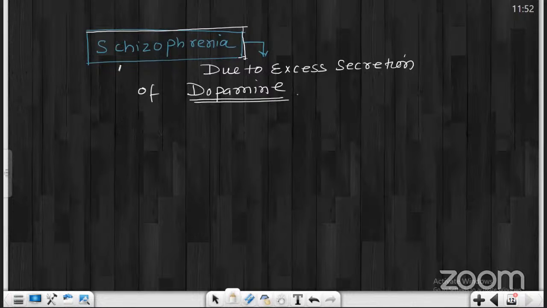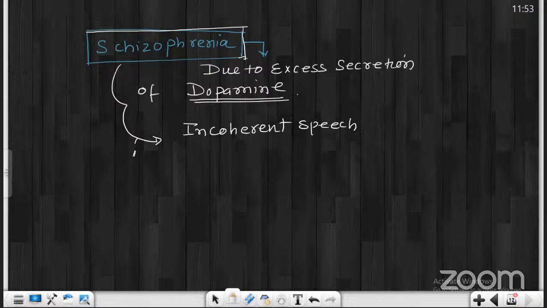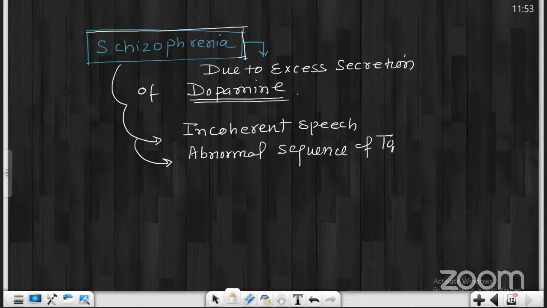सिजोफ्रेनिया के केस में पर्सन को इनकोहेरेंट स्पीच, पहला सिम्टम. दूसरा सिम्टम, एबनॉर्मल सीक्वेंस ऑफ थॉट, पर्सन का जो थॉट प्रोसेस है वो मेजरली अफेक्ट होता है, right?